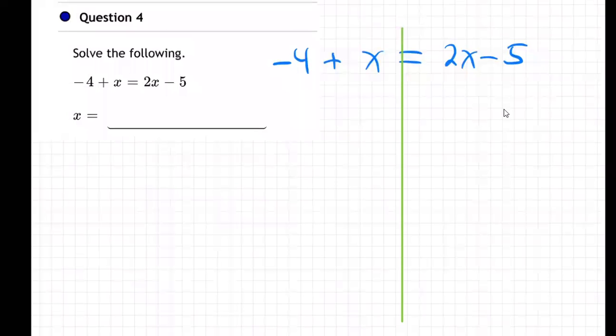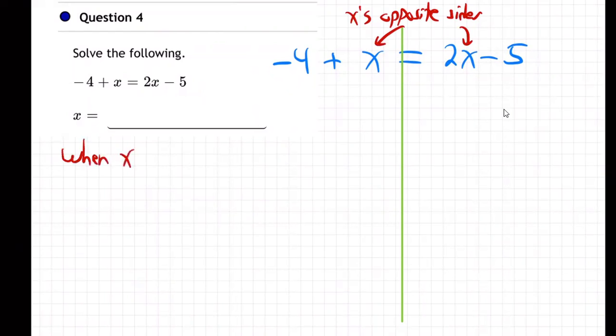Okay, so notice we have x's on opposite sides, right? So over here, when we have x's on opposite sides, we have a particular action we need to take.